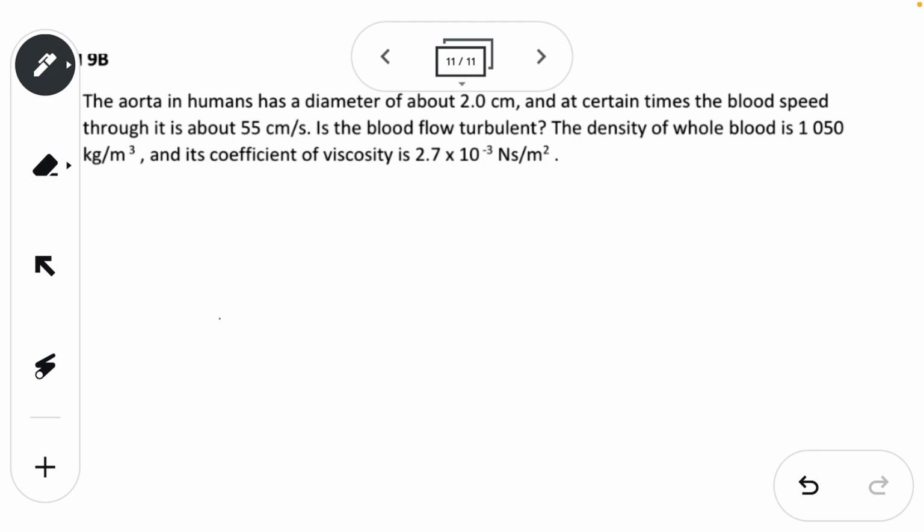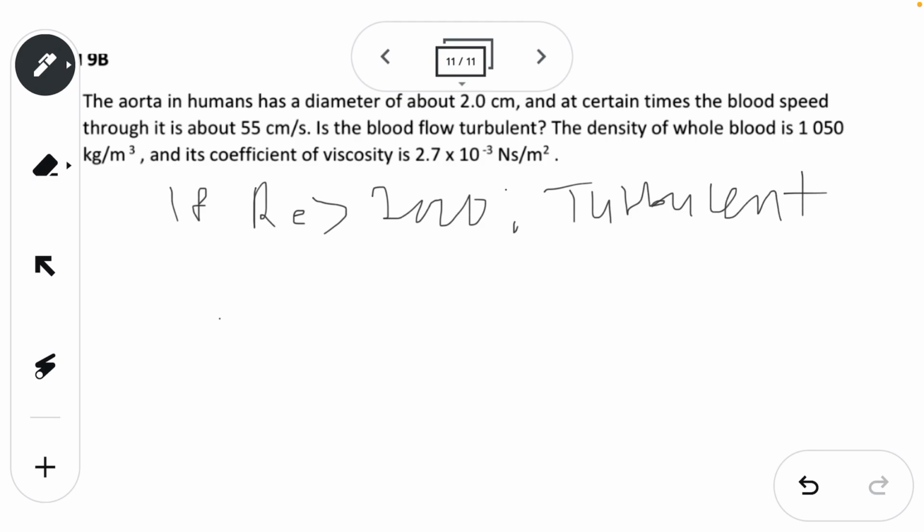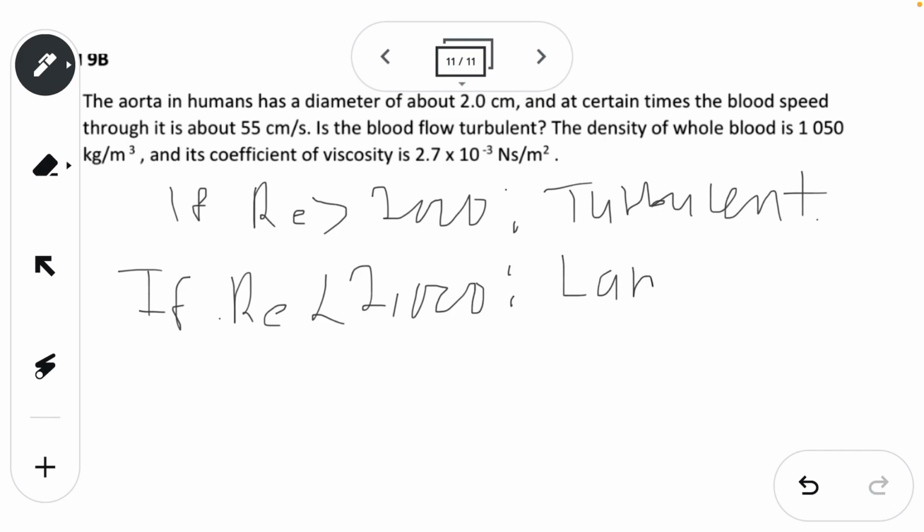If the Reynolds number is greater than 2000, then the flow is turbulent, but if it is less than 2000, then the flow is laminar flow or smooth flow.